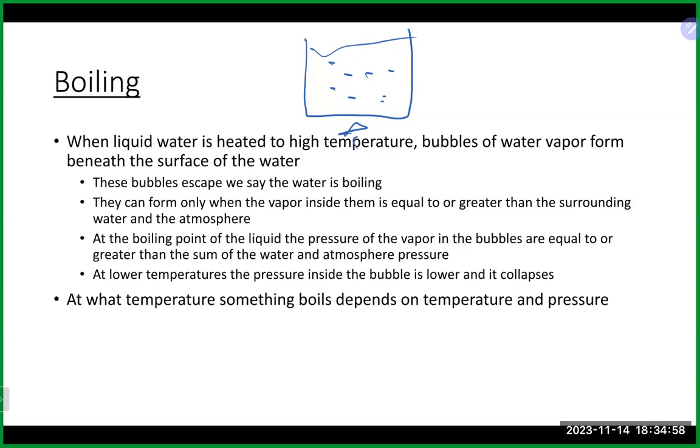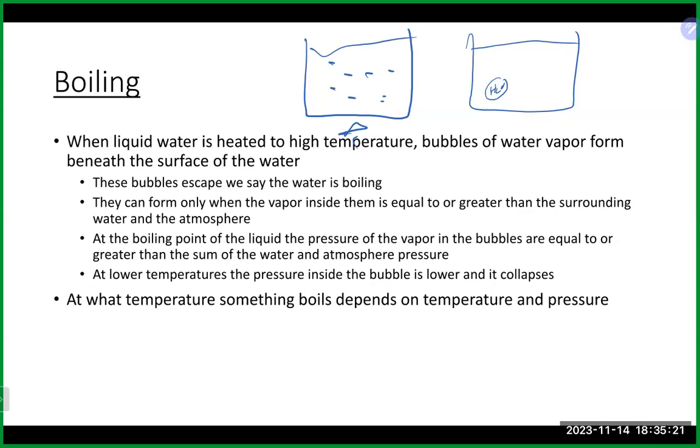So it doesn't really start to boil until you get bubbles that can reach the surface. As you're boiling it, you will get some water vapor inside these bubbles. And if the pressure inside the bubble is less than the pressure outside the bubble, your bubble is not going to make it to the surface. It's going to pop before it gets there.